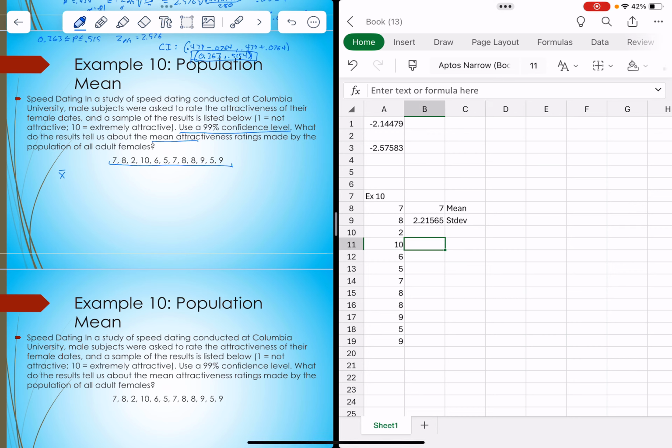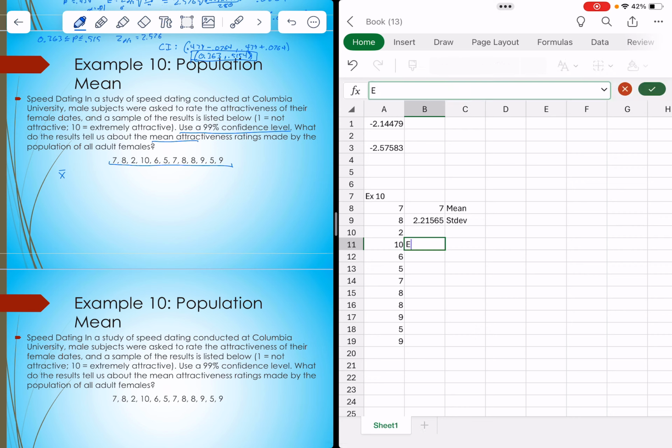So why don't I just go ahead and make my confidence interval right here. E equals, well, okay. Now I need my Z alpha over 2, don't I?